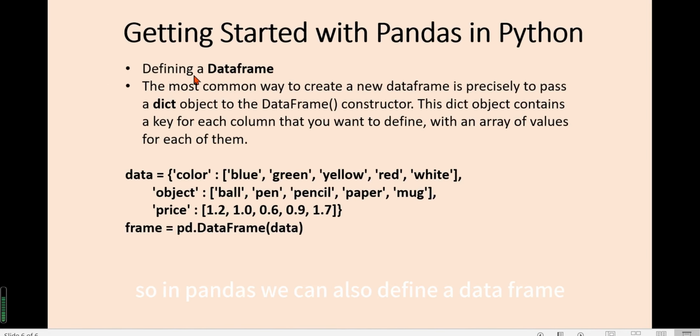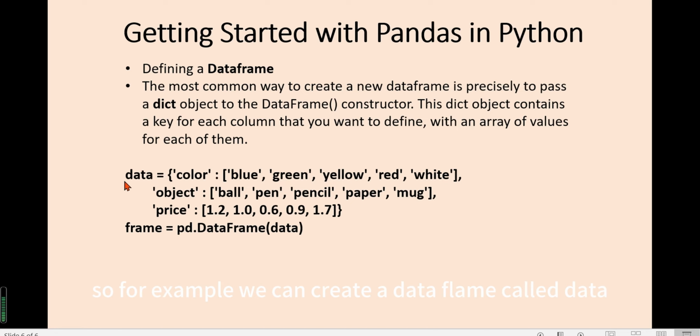In Pandas, we can also define a data frame. The most common way to create a new data frame is to pass a dictionary object to the DataFrame constructor. This dict object contains a key for each column that you want to define, with an array of values for each of them.